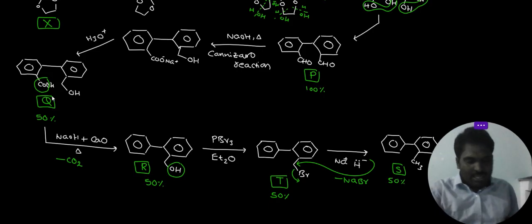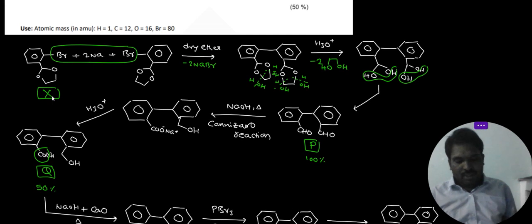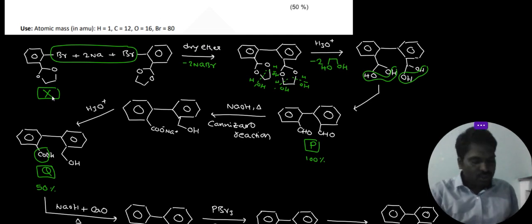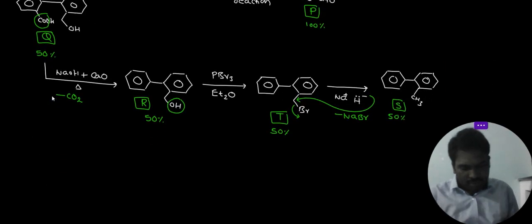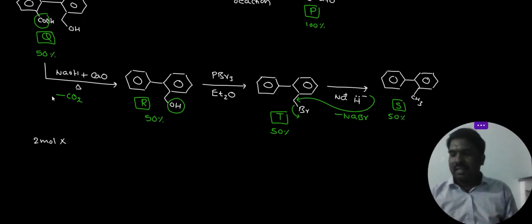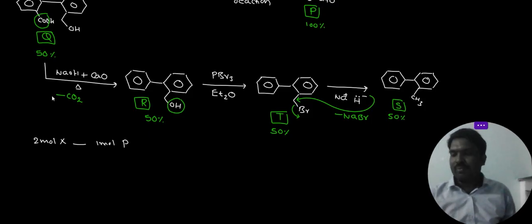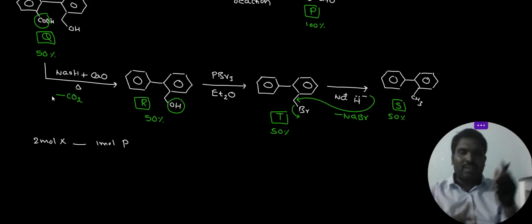So now here once observe 2 moles alkyl bromide, 2 moles of X. So 2 moles of X will give 1 mole P. Is it right? 2 moles bromobenzene will give 1 mole biphenyl.